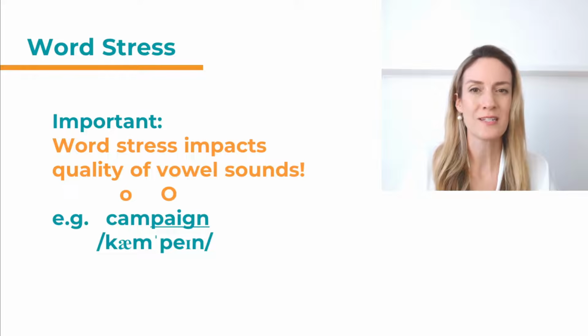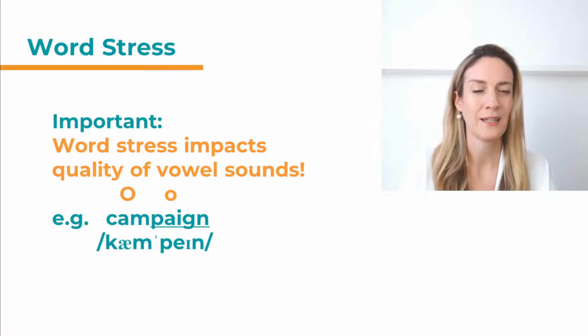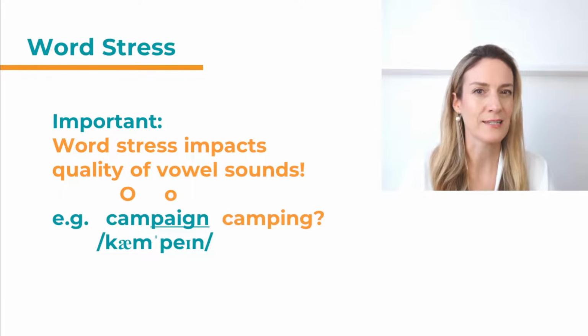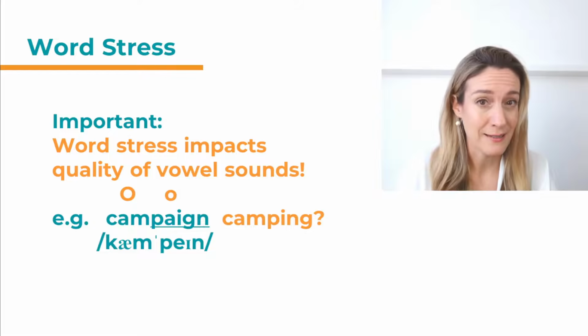Now, if we stress this word incorrectly on the first syllable and we say campaign, campaign, and imagine I say this quickly within a sentence, campaign, it suddenly sounds like camping. Campaign, camping. There's quite a similarity now between these 2 words, and people might understand camping instead.